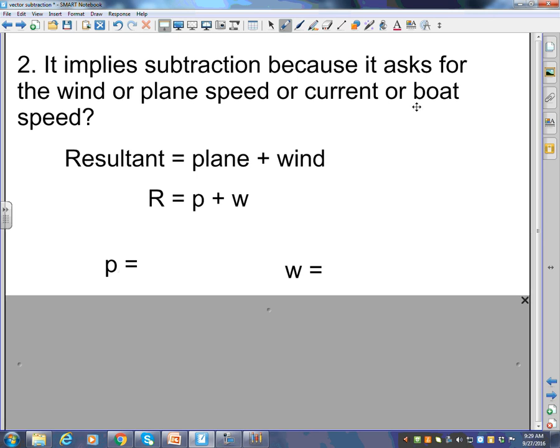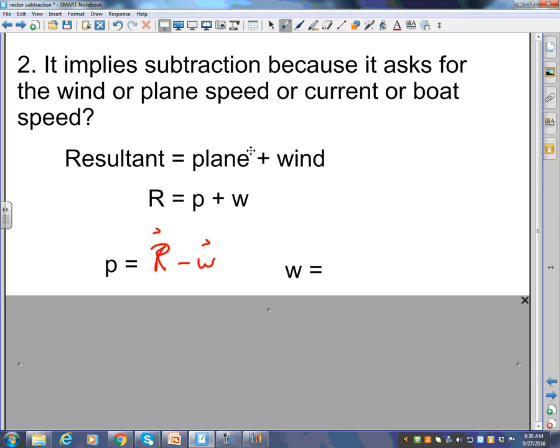If I want the P all by itself, then the W has to go to the other side. This is a plus W, so it's going to be minus. So plane speed is resultant minus wind.